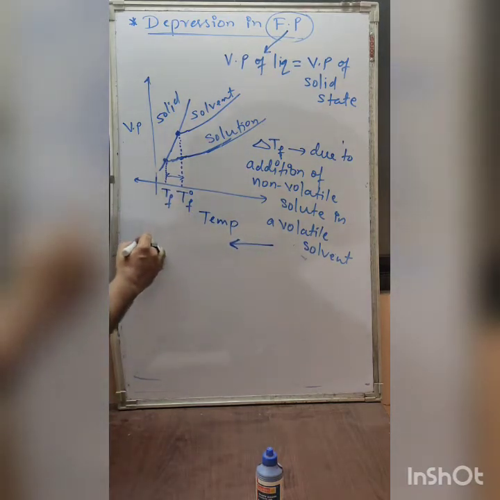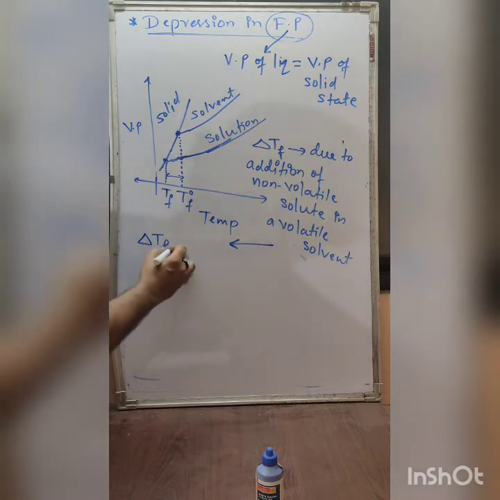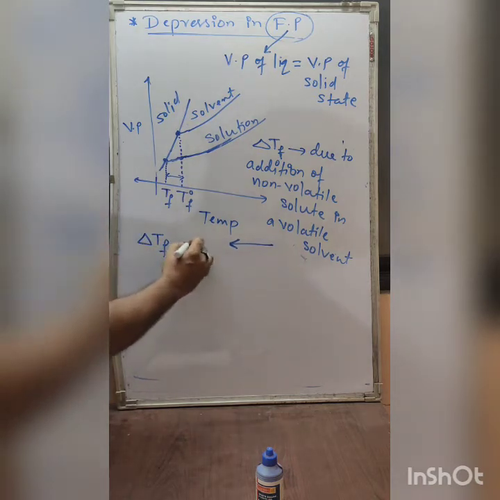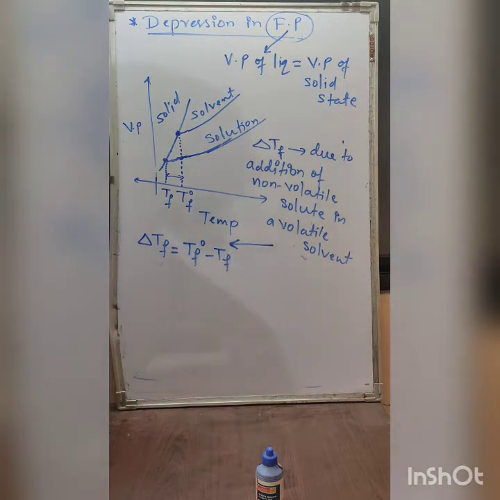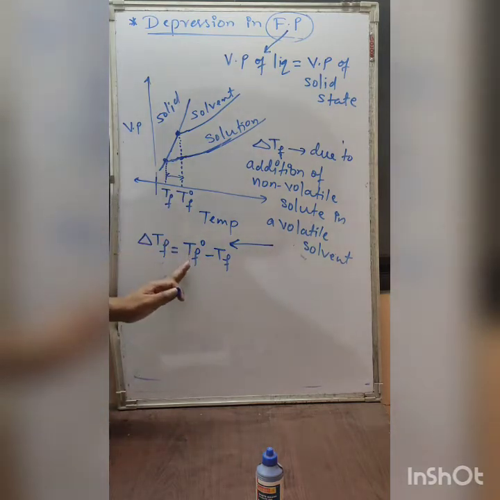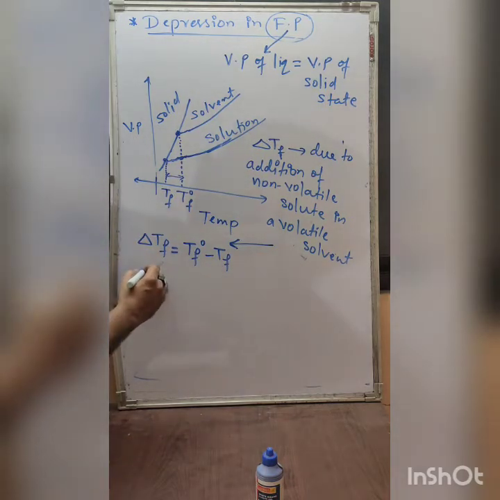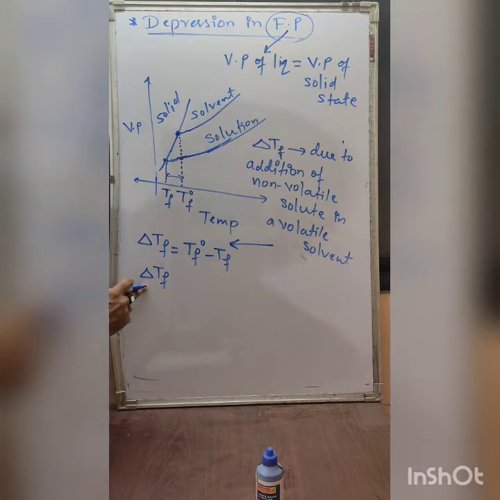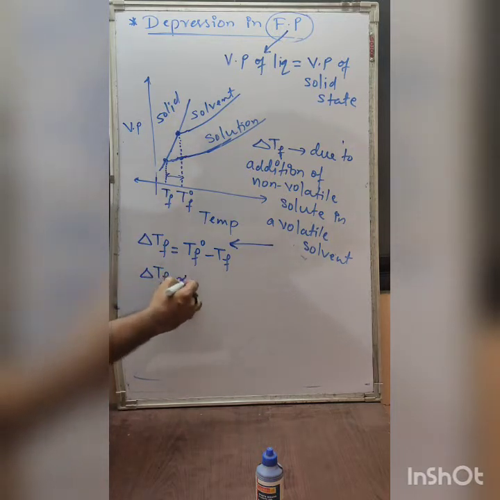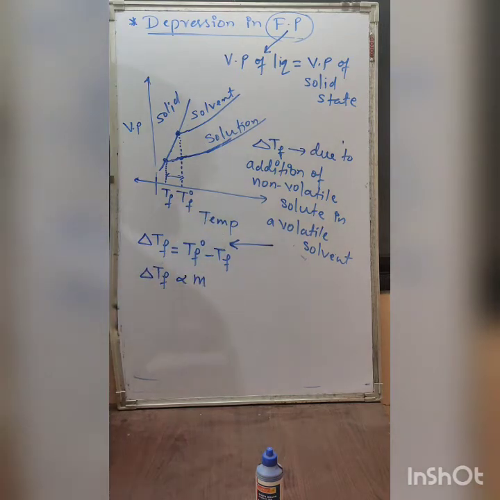It is given by the formula delta Tf is equal to Tf0 minus Tf. We have seen in elevation in boiling point that the formula was Tb minus Tb0; here it is Tf0 minus Tf. Now, as we know, delta Tf, the depression in freezing point, is directly proportional to small m.